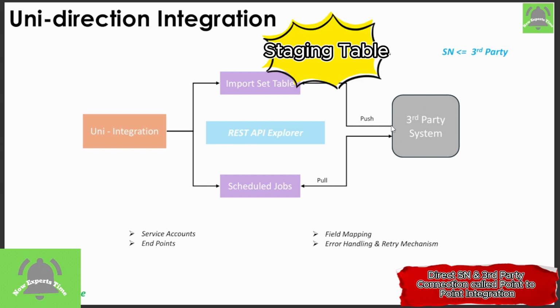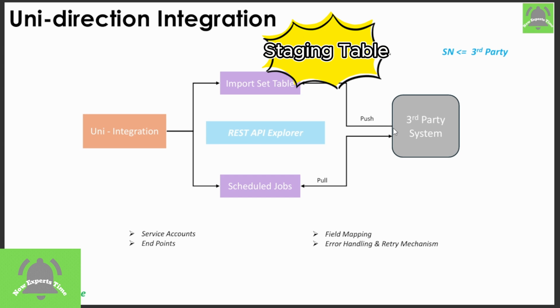It will not directly talk to your change table or problem table or service request table like that. Why? The reason is this will create a performance issue, and in parallel it will not support doing the manipulations very easily.